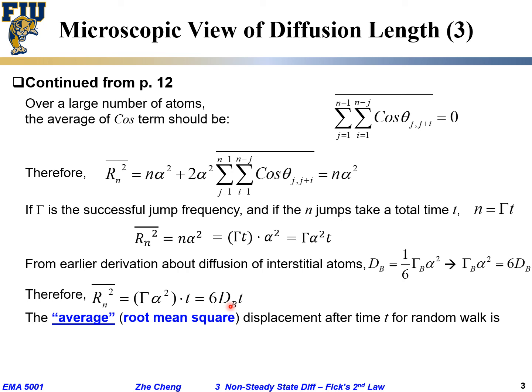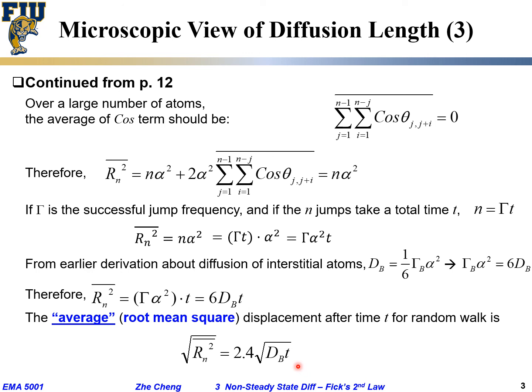It's not a strict root, it's what we call a root mean square average. If I take the square root of the left side, I get the square root of 6Dt, which means this average, and then I take the square root, is roughly 2.4 times the square root of Dt.